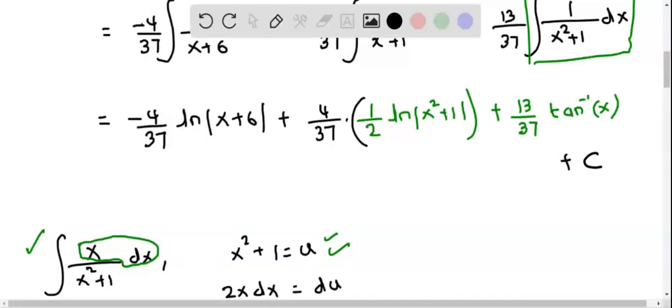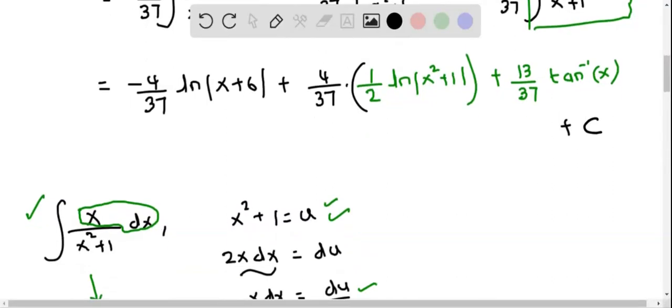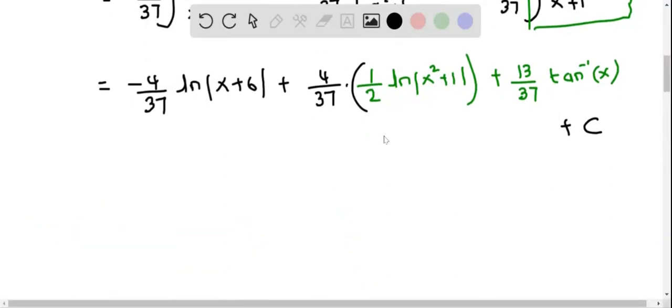Now let's see if we can simplify this. One simplification is that this 4 will get cancelled with the 2, so it's basically 2 over 37 times the natural logarithm of x squared plus 1. So I'm going to put that over here.